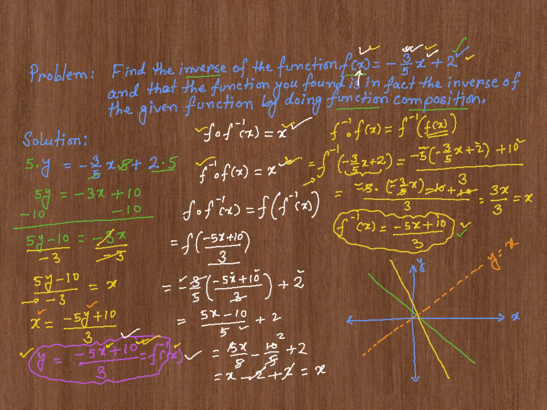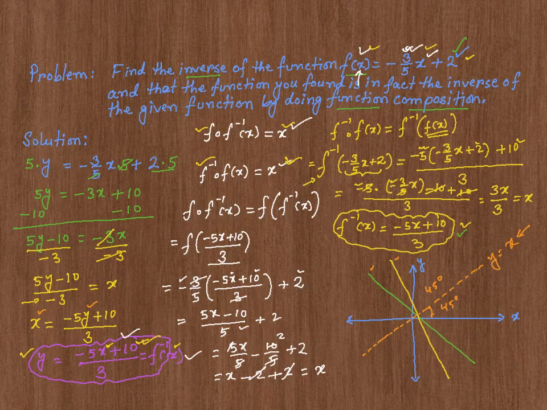This yellow line and the green line are actually reflections of each other about this line y is equal to x. Remember, y is equal to x goes right through the middle. This is a 45-degree angle, this is 45 degrees, and this is a 45-degree angle. So always, if two functions are inverses of each other, they are going to be reflections of each other about the line y is equal to x.